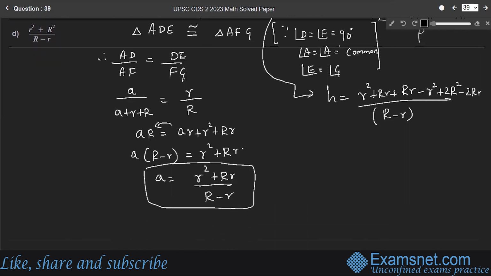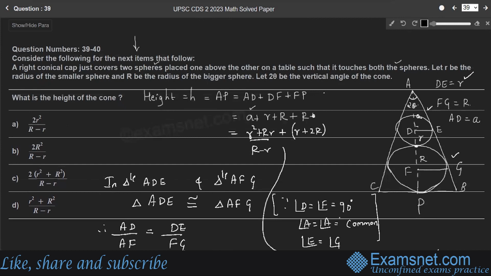Therefore, r squared and minus r squared will get cancelled. So Rr plus Rr is 2Rr, and this will get cancelled with minus 2Rr. Therefore, we have 2R squared by R minus r as the height of the cone. Option B is the right answer.